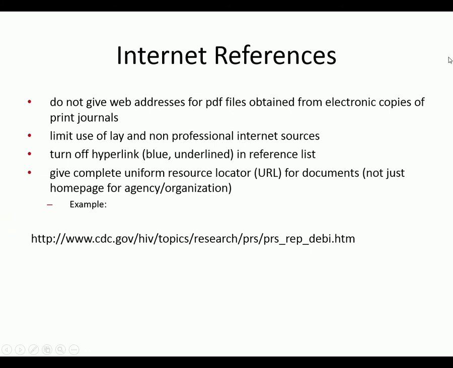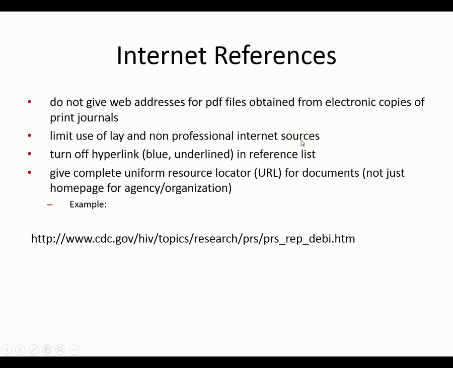So what about internet references? Do not give web addresses for the PDF files obtained from electronic copies or printed journals. In other words, you don't have to do the web address if it's the Journal of Nursing and it's a publicized journal. Then you would just do the journal like a regular journal entry. Limit the use of lay and non-professional internet sources.